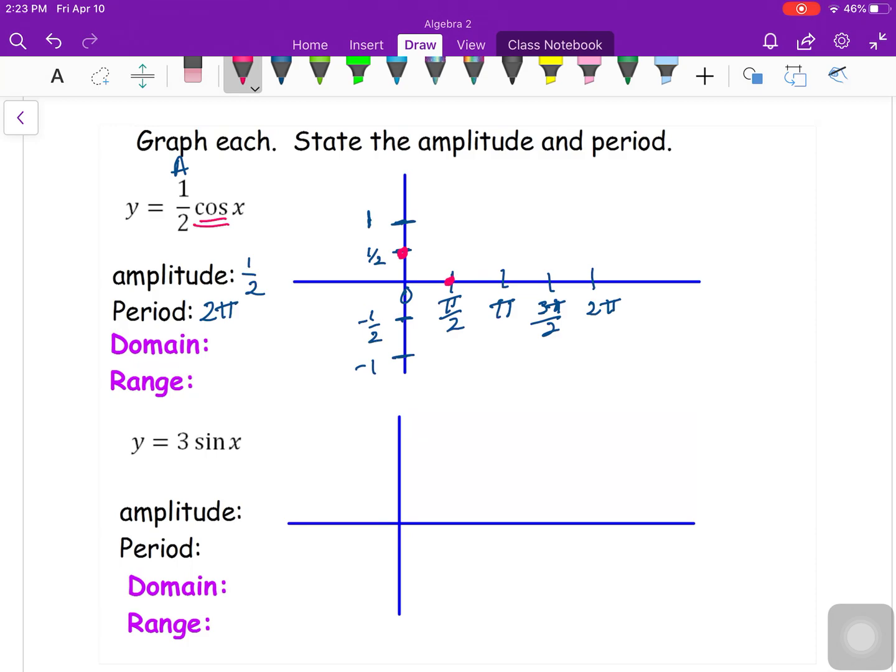Then we go down to the 0, down to the negative 1/2, back to the 0, back to the 1/2, and sketch through. So as you can see, your domain is x is all reals because this is going to continue on the left and the right in the same pattern. And my range, this time my highest is 1/2 and my lowest is -1/2. So I go from -1/2 to 1/2.